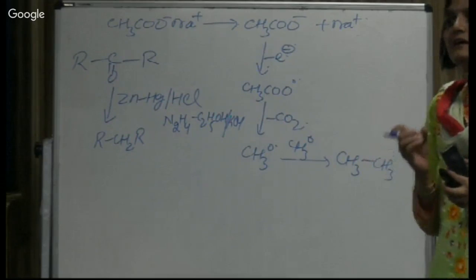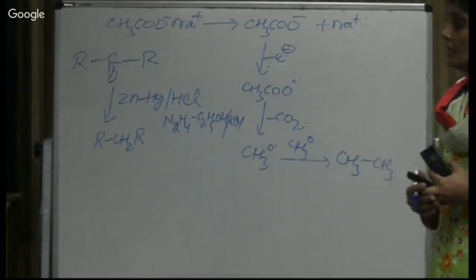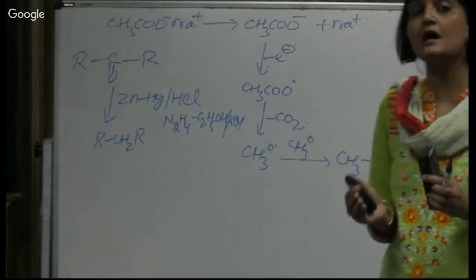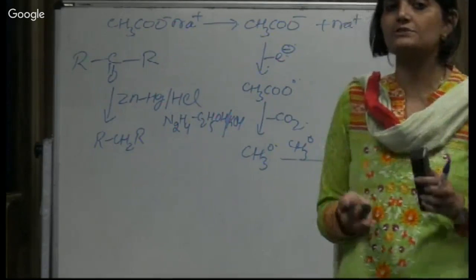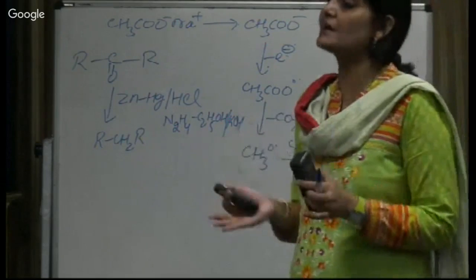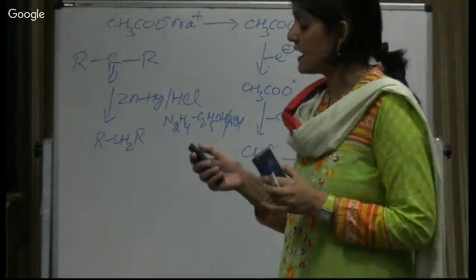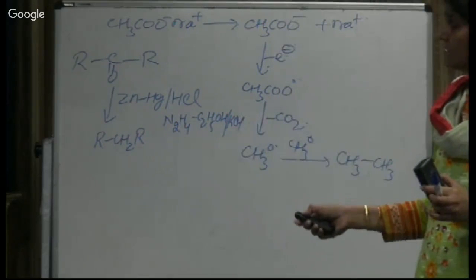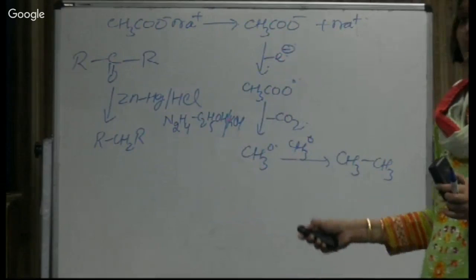Next is their chemical reactions. Now, I said in the beginning that alkanes are very less reactive. They do not show reactions under normal conditions of temperature and pressure. However, they are found to show some reactions taking place under higher temperature and pressure conditions. Those reactions we have categorized into 6 different categories.